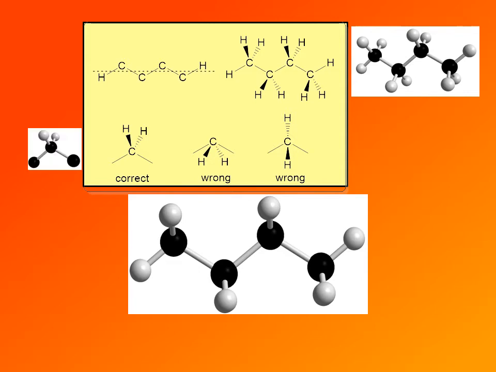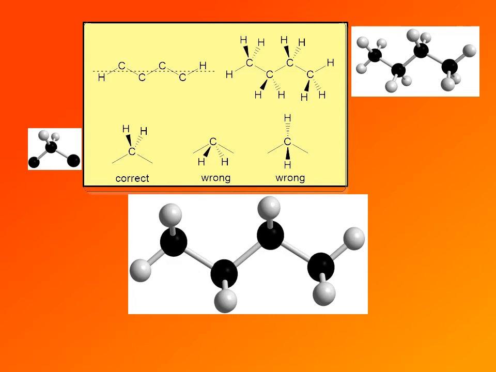Make sure when drawing these formulas that you represent the tetrahedral atom correctly. So here is a model of the tetrahedral atom on the left and the correct representation. So for example, if two bonds in the plane of the drawing are pointing down, then those bonds that project towards and away from you will be pointing up.